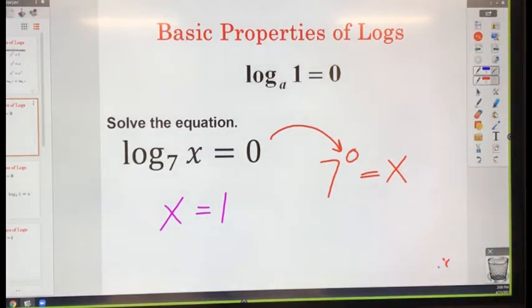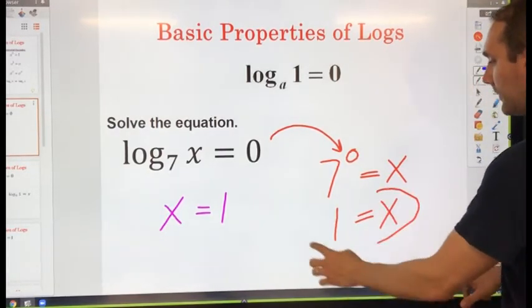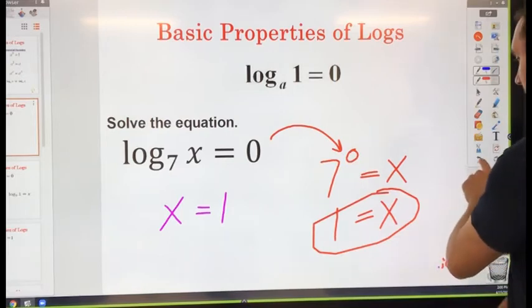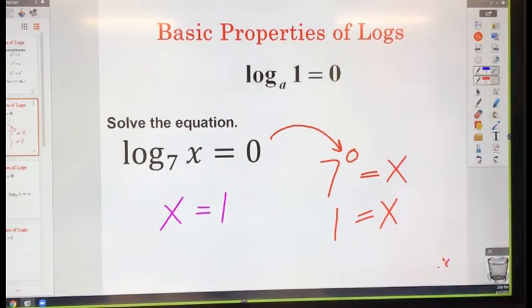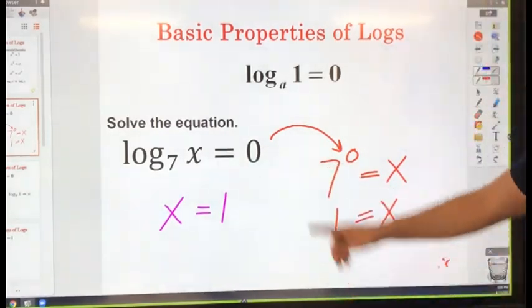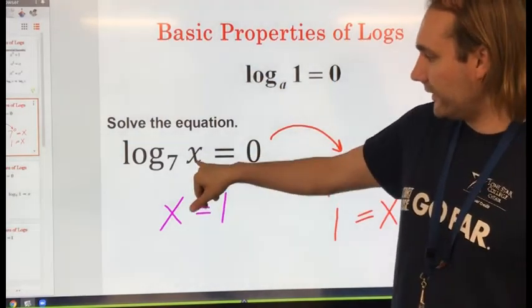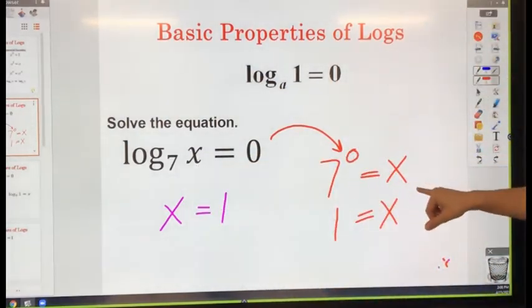And what is anything to the power of 0? 1. So x equals 1. So you'll see with these logs and exponents, there are multiple ways to solve the problem. This is one way, using a basic property, knowing that this is equal to 0, so that has to be 1. Or you can convert it to an exponent and clearly solve it that way.